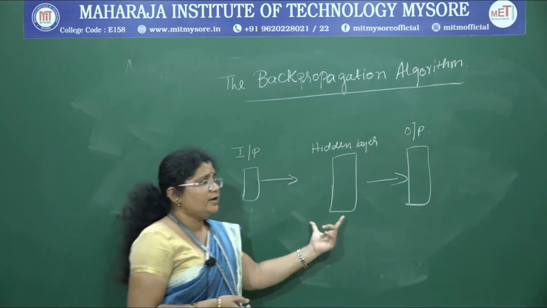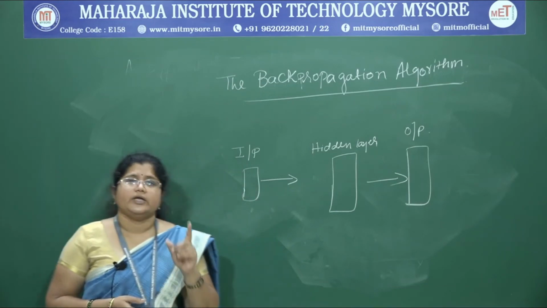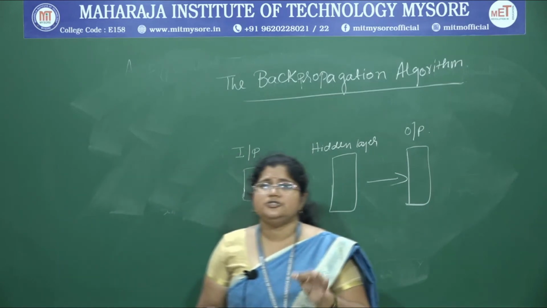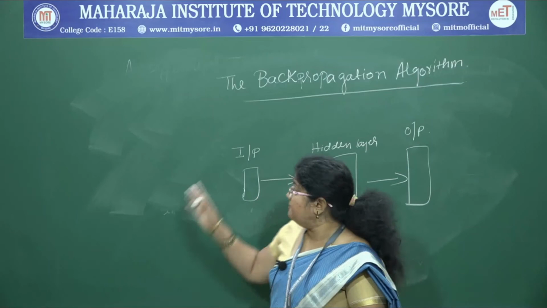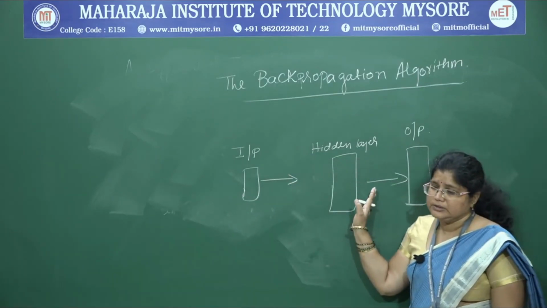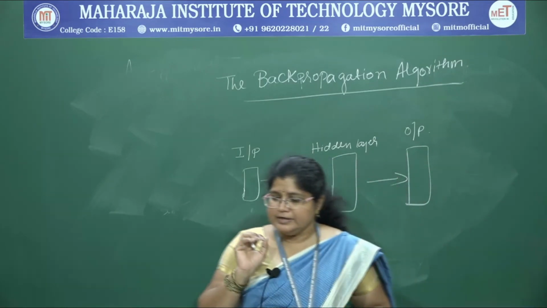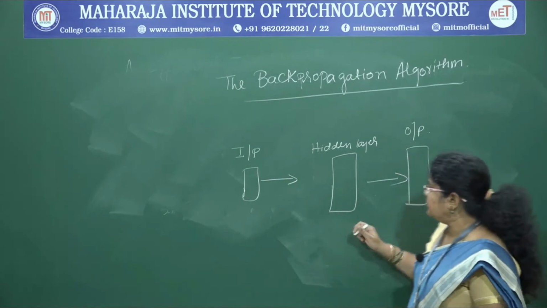So that is what the backpropagation algorithm does. We can say that the backpropagation algorithm learns how to update the weights for a multi-layer neural network, given a network with fixed units and interconnections.